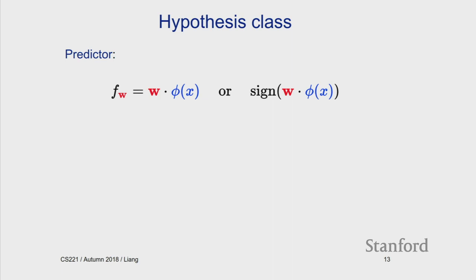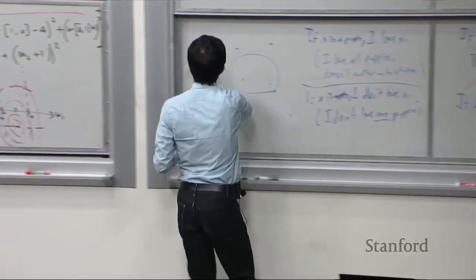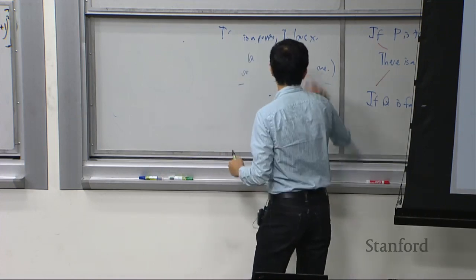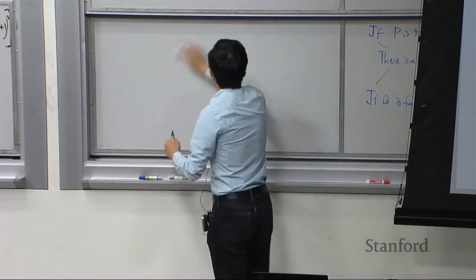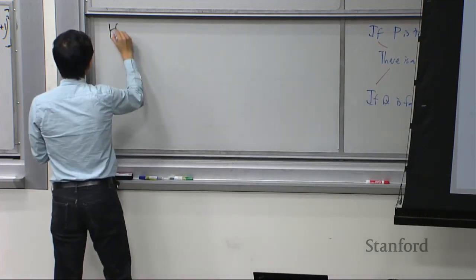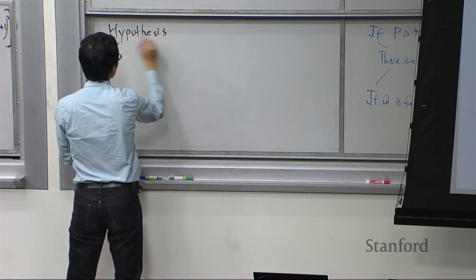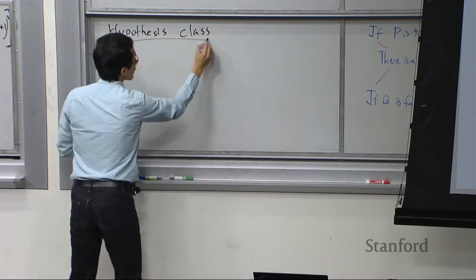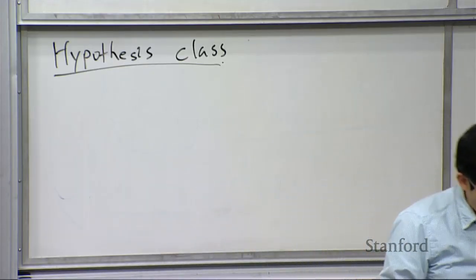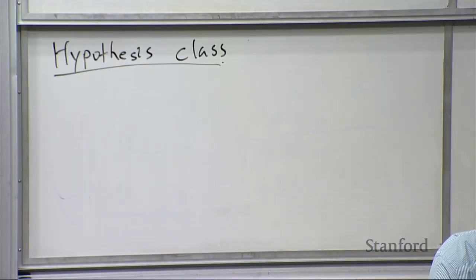Okay, so that's feature templates. And the second notion I want to talk through is that of a hypothesis class. And this is really the way I think it's productive to think about what a feature vector is doing. Recall that a predictor, in the case of regression, is f of x.